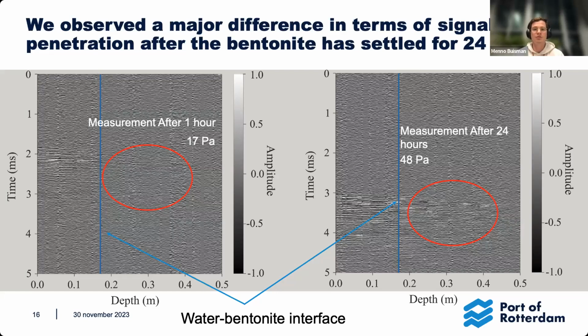Initially, before we let the bentonite settle for 24 hours, the fluidic yield point of the bentonite was 17 pascals. And then after a day, it was 48 pascals. This is a very big change in yield stresses. And that was for us a very good thing to realize, that our signal penetration becomes much better once the material increases in yield strength.